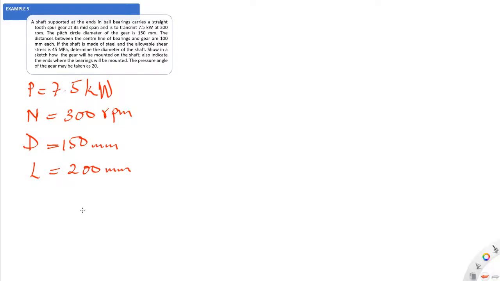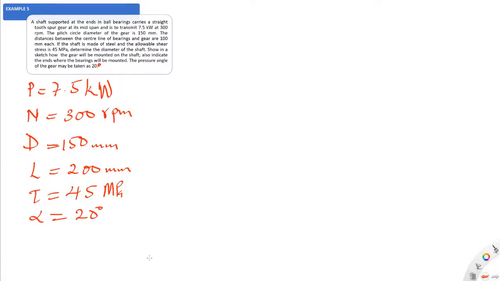Then the allowable shear stress in the material has been given as 45 megapascals. We're also given the pressure angle; let's use alpha to represent it, so alpha is 20 degrees.